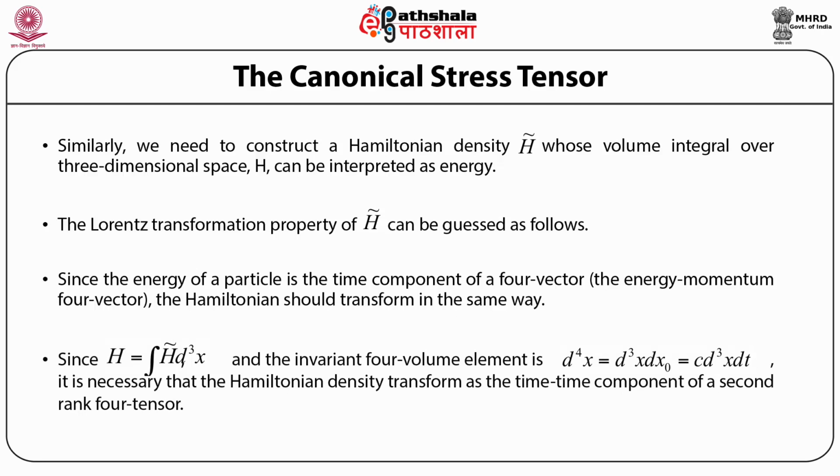Since H equals the integral of the density over d cubed x, and the invariant 4-volume element is d4x equals d cubed x dx0 equals c d cubed x dt, it is necessary that the Hamiltonian density transforms as the time component of a second rank 4-tensor.